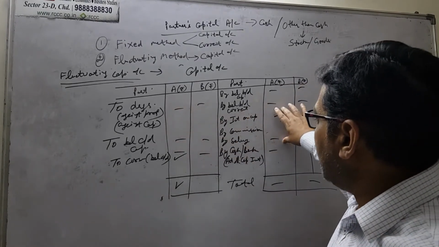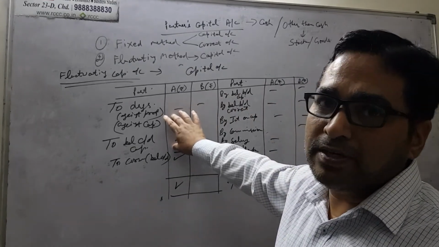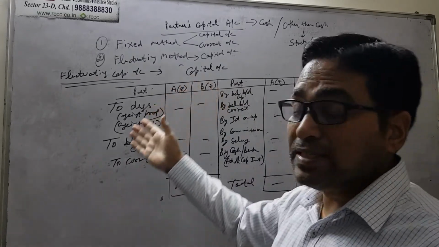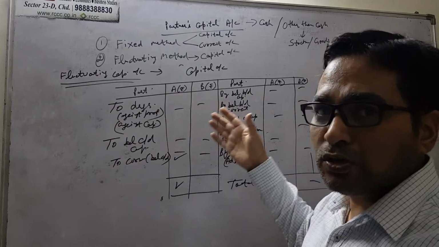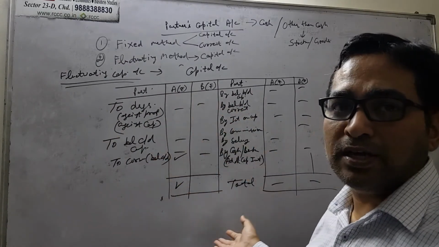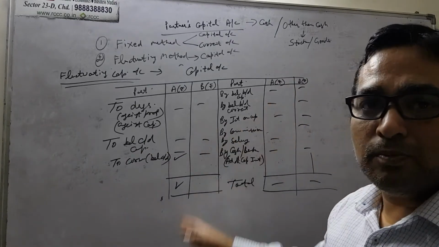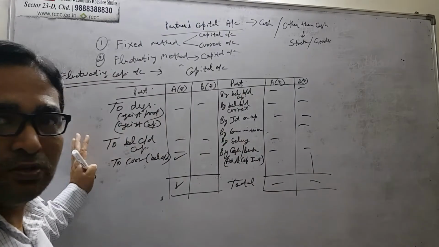So income on the credit side, the expense on the debit side. So this is a basic difference for preparing a capital account. Similar thing happened in fixed capital account. Fixed capital account में जो current account हम बनाते हैं, all incomes on the credit side, all expenses on the debit side.